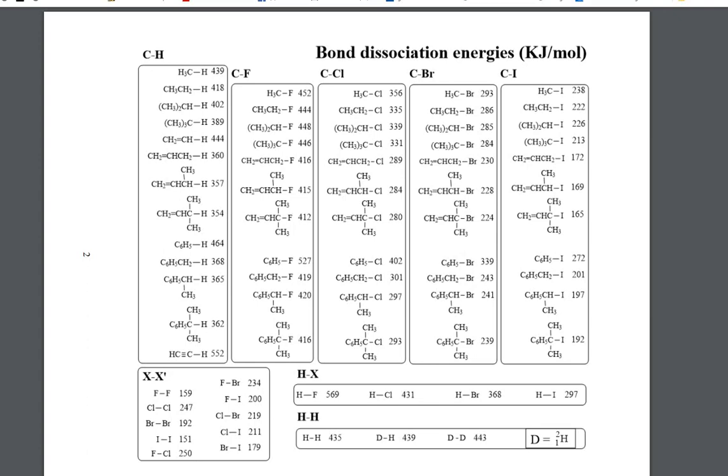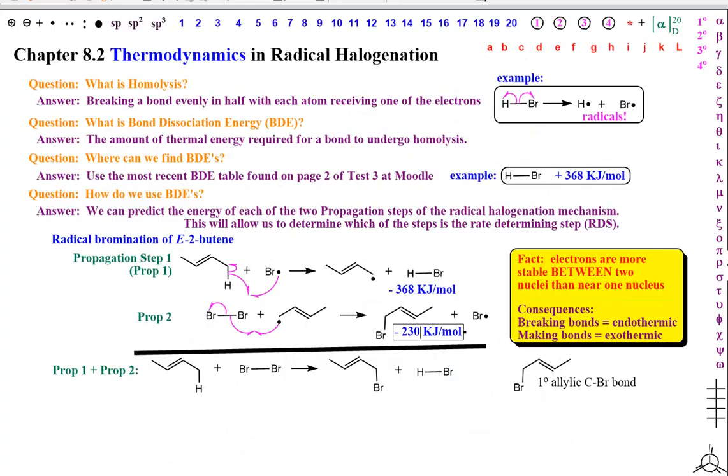And the first entry, and I don't think you can see this, so I don't know if this is going to work. Look down this column, 1, 2, 3, 4, 5. The 5th entry is the only one in the carbon-bromine column that is primary and allylic. So I'm going to copy that number on our page. There's the number, negative 230.